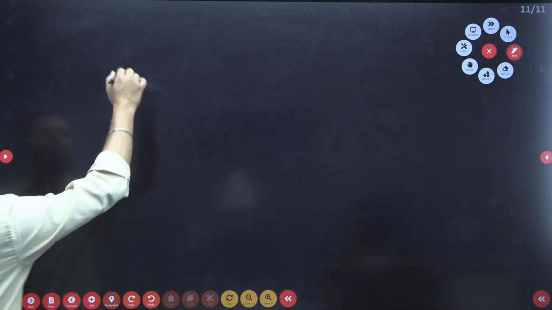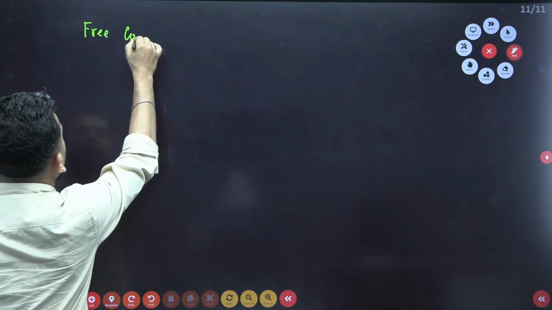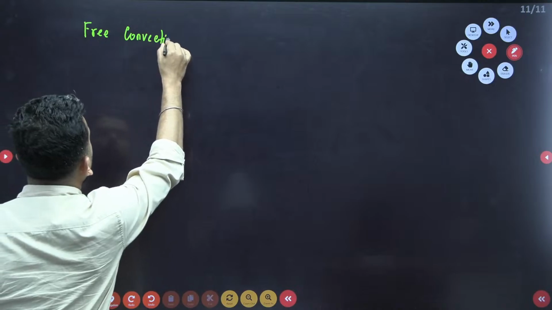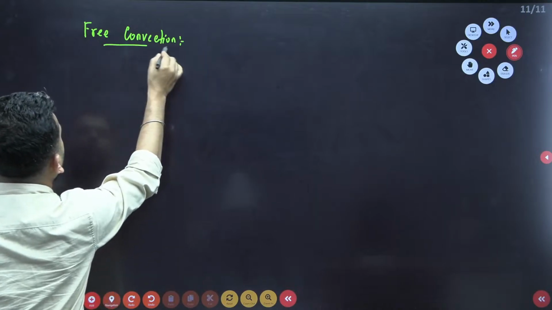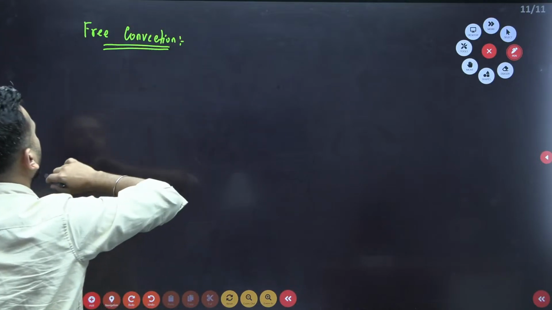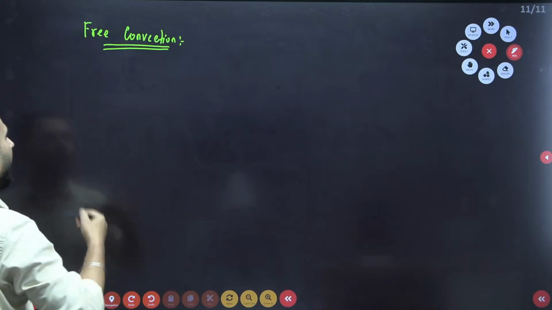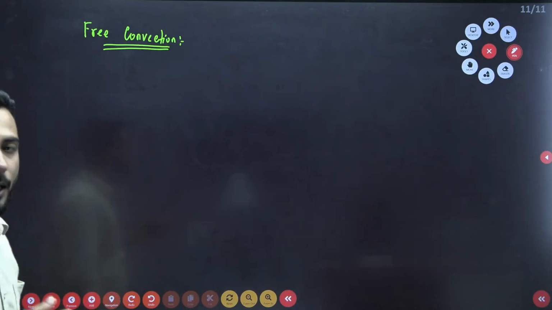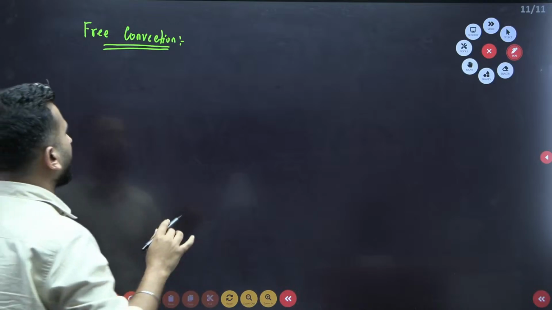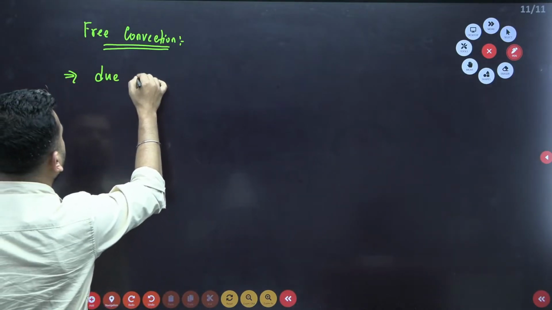Now, my dear friends, let us discuss free convection, or natural convection. Now see one thing: why does free or natural convection take place? It takes place due to density difference.